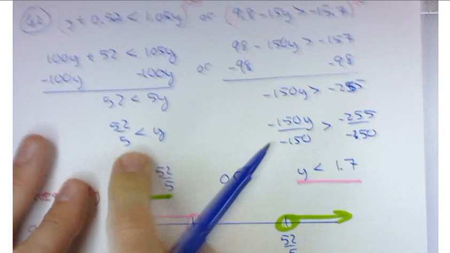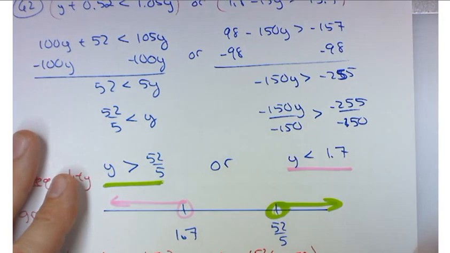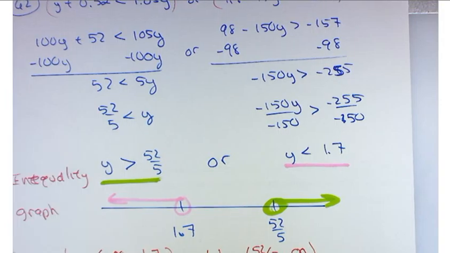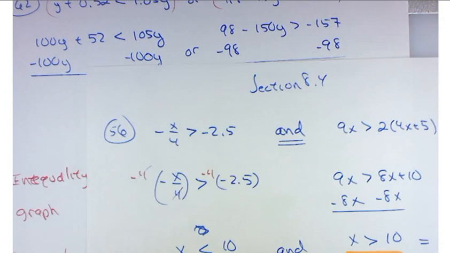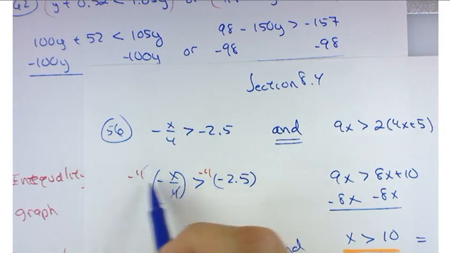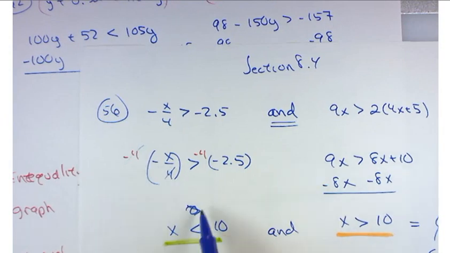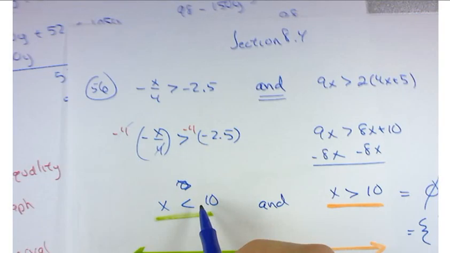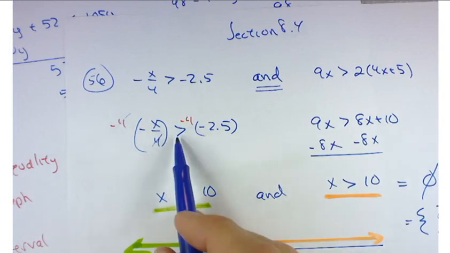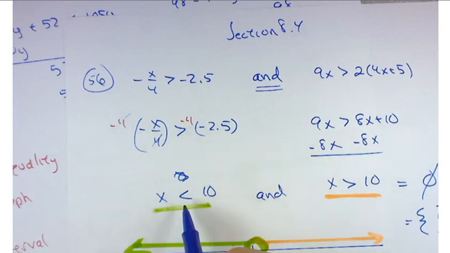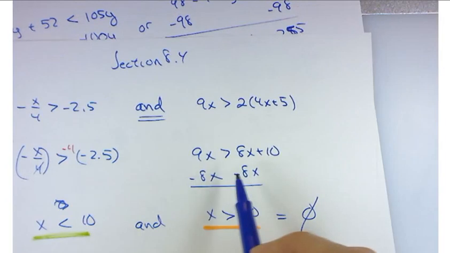But here, when I divided by negative 150, I had to change things. It'd be the same if I multiplied by a negative number. In fact, we saw that with problem 56. When I multiplied by negative 4, then I had to reverse the direction of the inequality. So it started out as a greater than, and then it finished up as a less than.